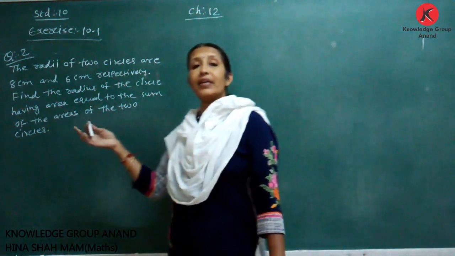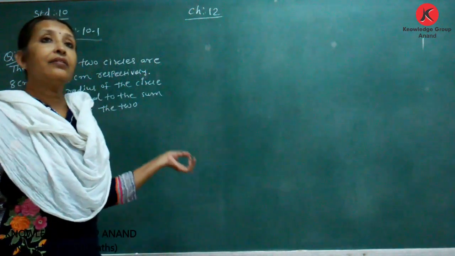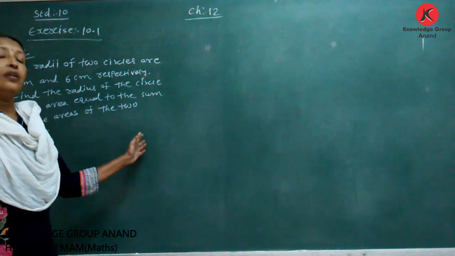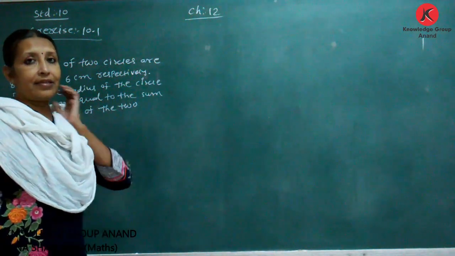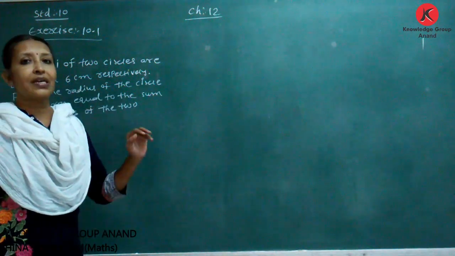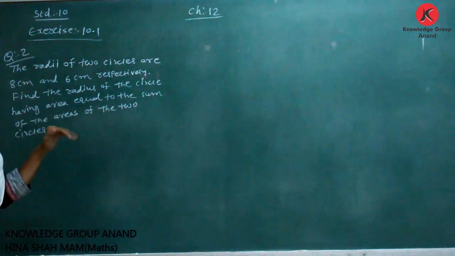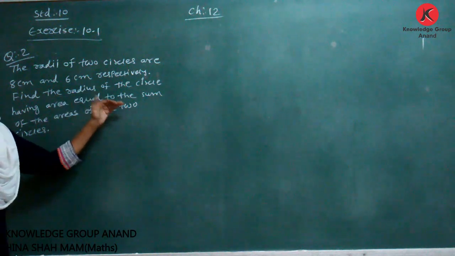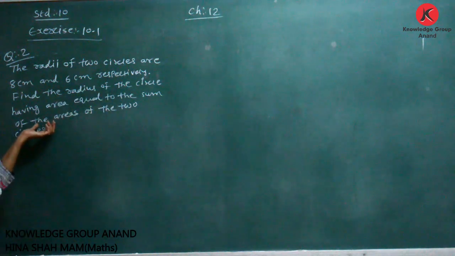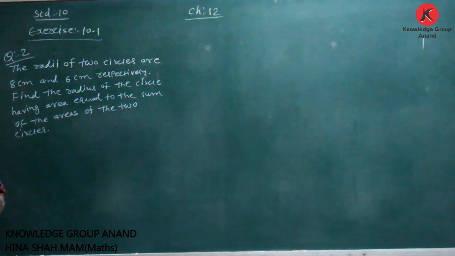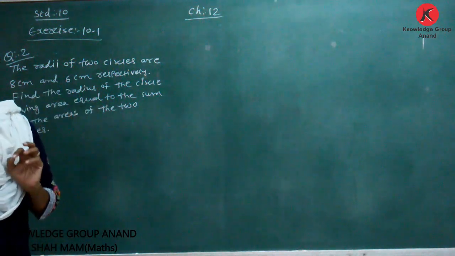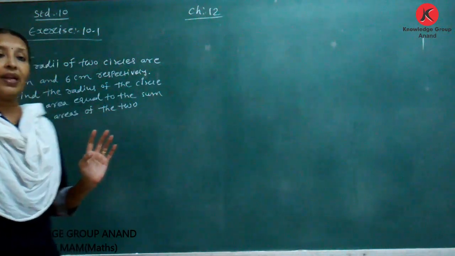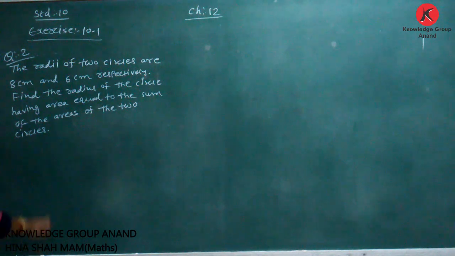In question number 1, the radii are given, then we find the radius of the other circle. The condition there was that the circumference of the circle equals the sum of the circumferences of two circles. Here, the area equals the sum of the areas of the circles. In this question, we use the formula of the area of the circle.